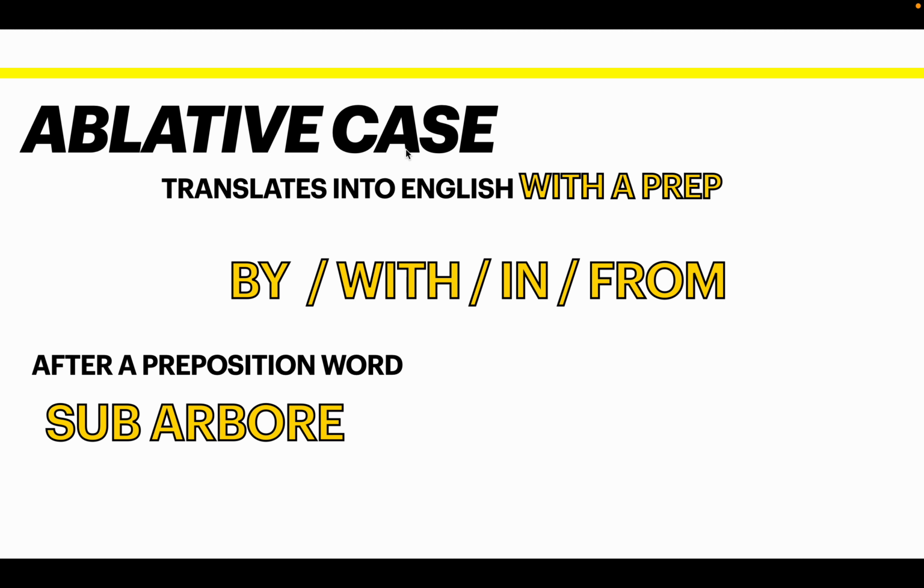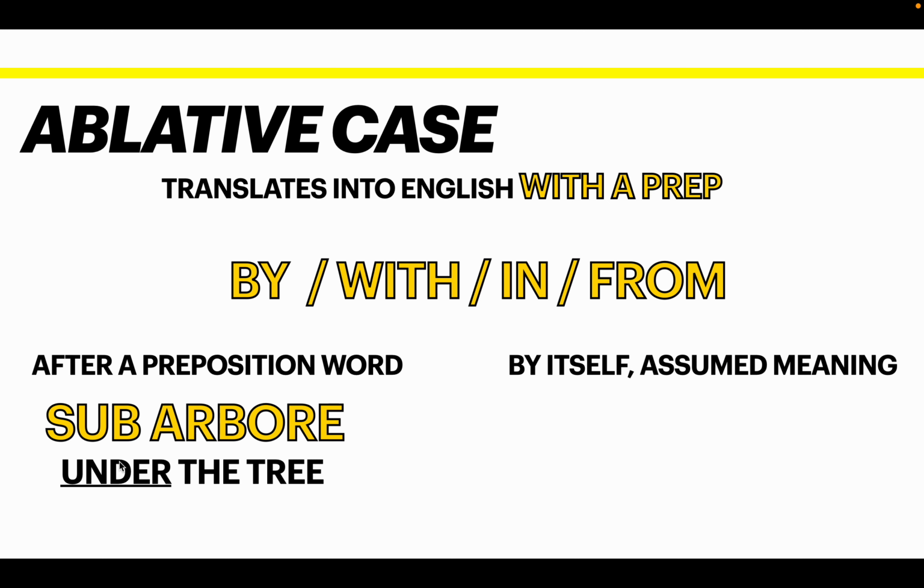Now, instead of being redundant, I'm not going to say under, by, with, in, from a tree. Instead, what we do if there's a preposition right in front of it is we just replace the by, with, in, from with the word that's in front of it. So this would then mean under the tree.